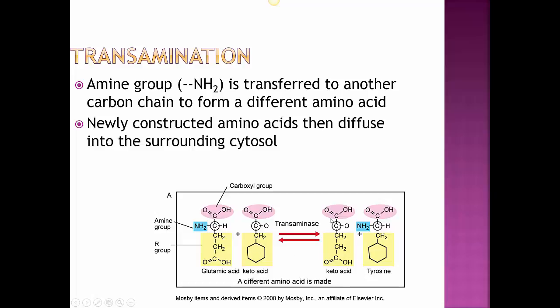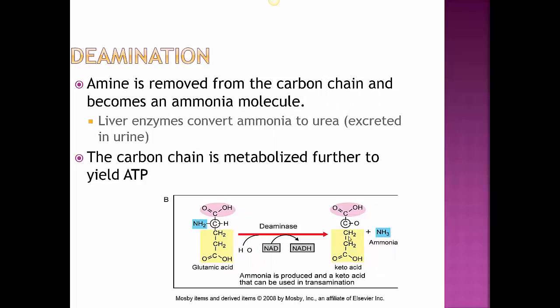And then right here you get another keto acid that was glutamic acid, and this that was just a keto acid now becomes tyrosine. And so the body does this a lot of times to make its own amino acids, just by moving that nitrogenous base from one acid to the other to make a new amino acid. The other thing it can do is take and remove the nitrogen base.